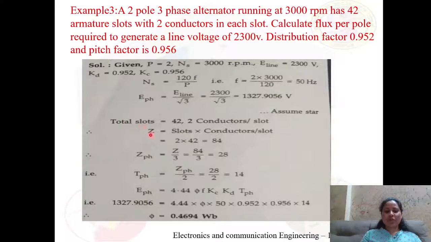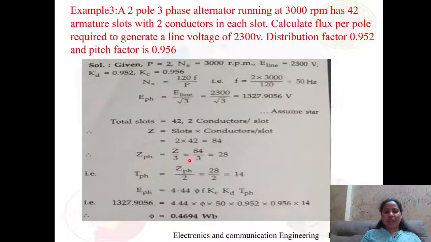The total number of conductors Z is obtained by multiplying slots and number of conductors in each slot. ZPH is Z by 3, which we get as 28. TPH is ZPH by 2, which is 14 in this case.